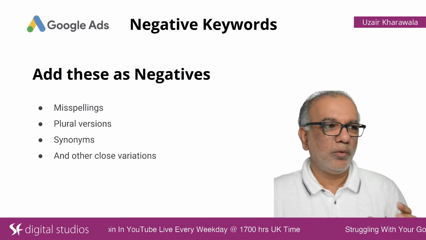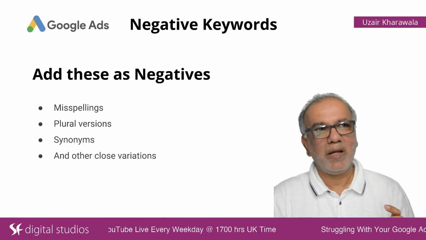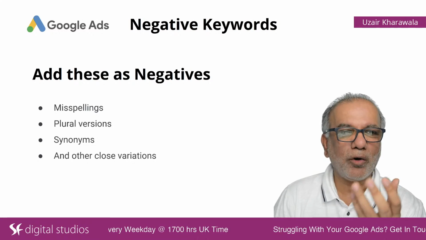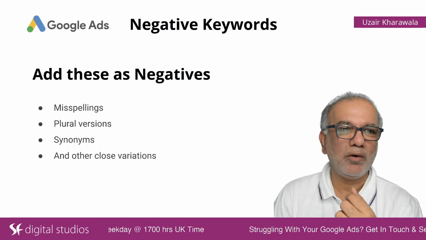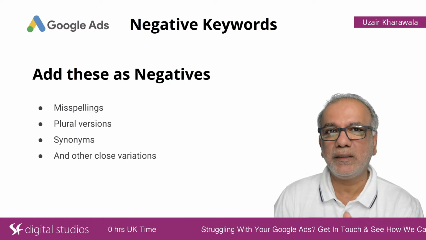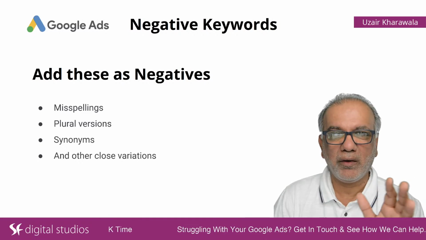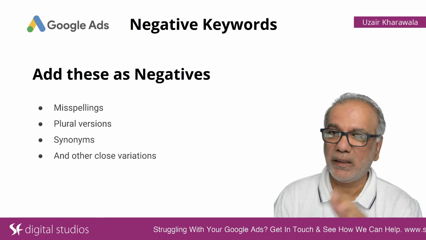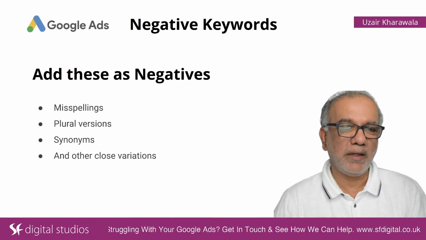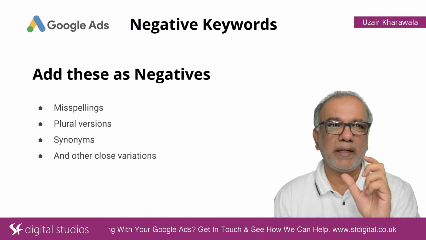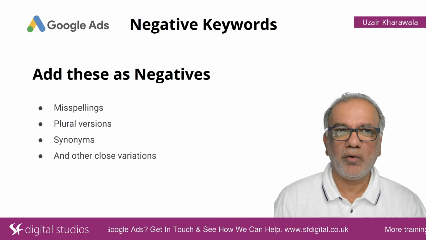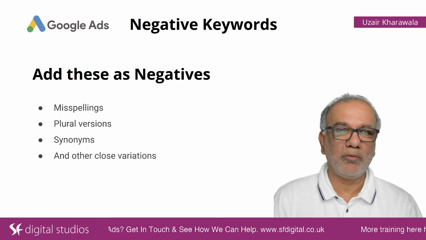People quite often will misspell a keyword or search term, I should say, so you put in those misspellings, because you will see that in the search term query report. If it's a misspelling or plural or synonyms or any other close variations, you have to keep adding them in as negative keywords, and not just set up one negative keyword thinking that all of these variations will be excluded, because Google will not do that.